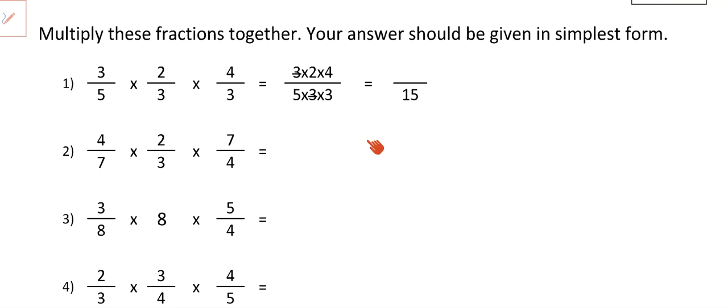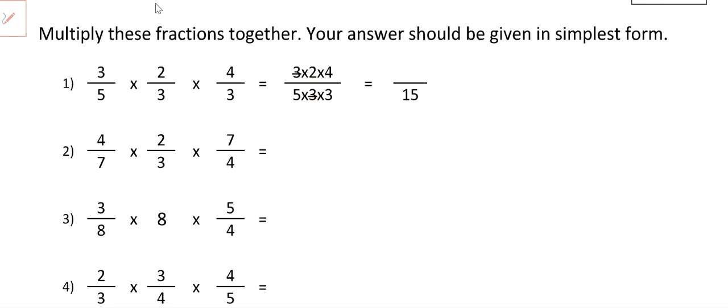If there's only one on the top, yes. You only cancel top and bottom because they don't just disappear, they become one. Don't they? But 3 divided, remember the sign. So 3 divided by 3 is 1.